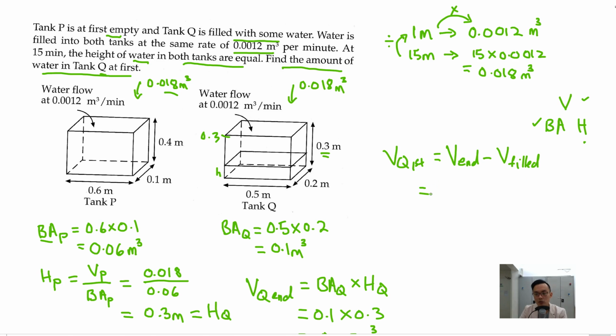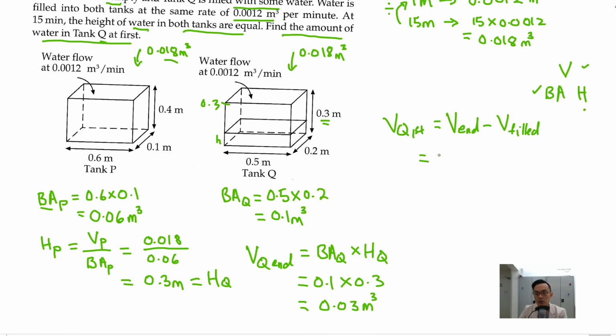So that's equals to volume at the end is 0.03 minus away the volume that was filled in, which is actually this volume, 0.018. That's equals to 0.012 cubic meters. And that's the answer.